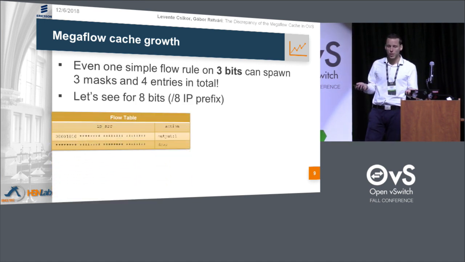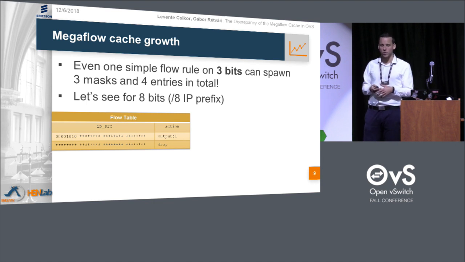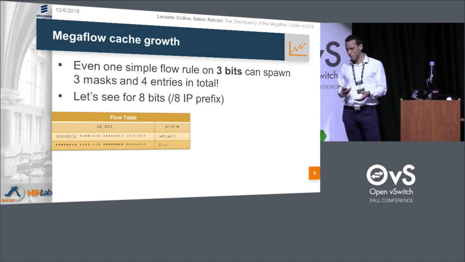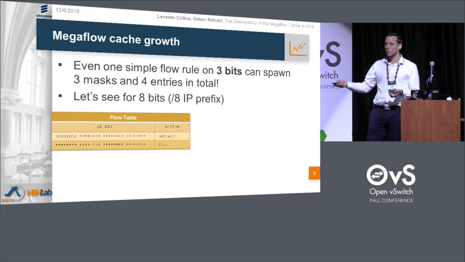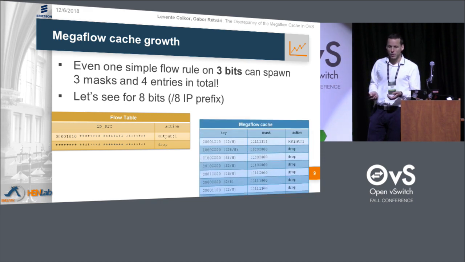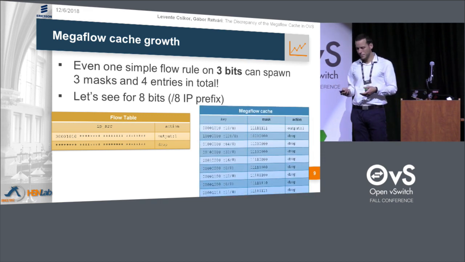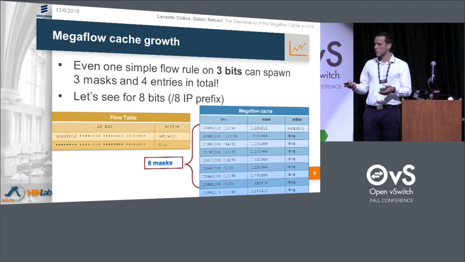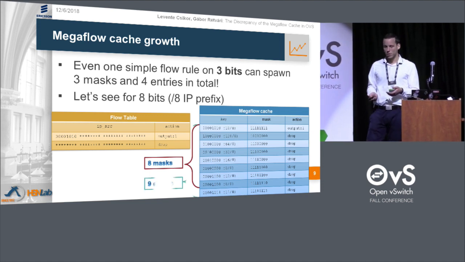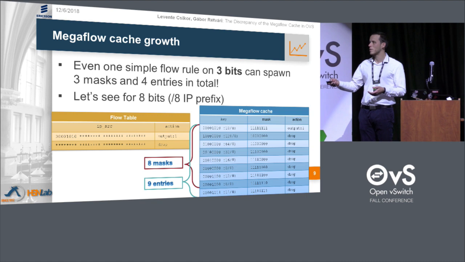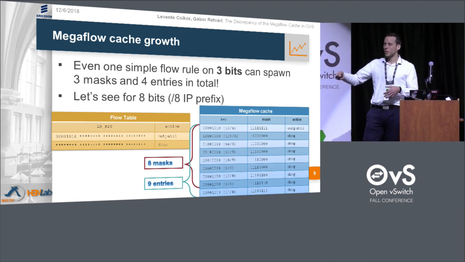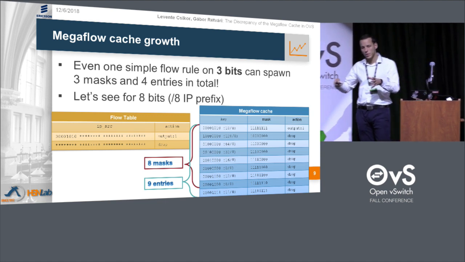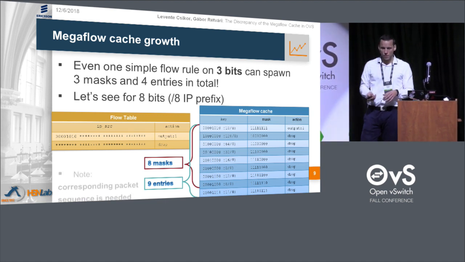If we try to filter on a source IP with a /8 prefix, here 10.0.0.0/8, and we also have a catch-all drop rule at the bottom, then we can end up with 8 different masks in the Megaflow cache, which is 9 entries in the cache. You can see here the IP address ranges covering the rest of the whole protocol space in terms of these 8 bits.